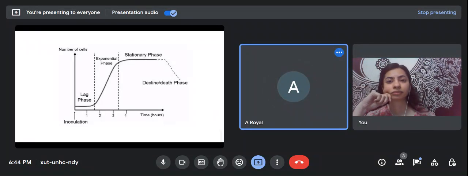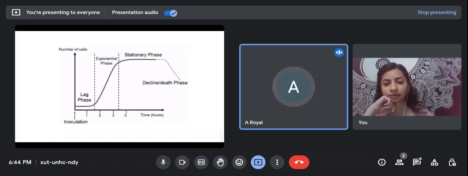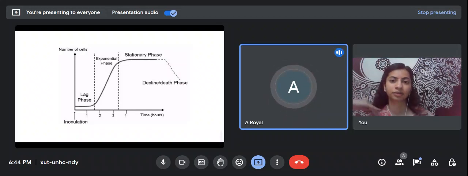See, basically, people in the vaccine industry take the master cell bank, and then go to the working cell bank.